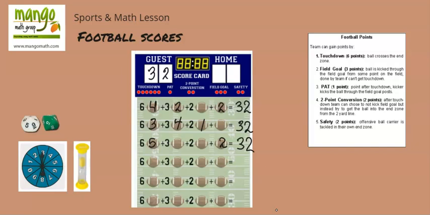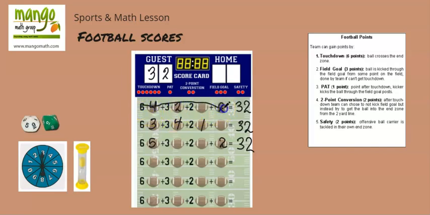Then what's going to happen is the judge is going to check amongst the players to see if any players have the same combination of scores that they have figured out. So they can look at this one and see that somebody else also has the 4, the 2, and the extra 2, and that's crossed off.